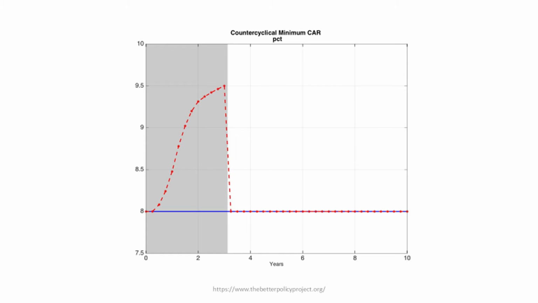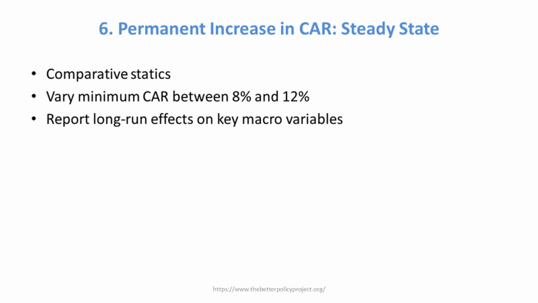We then explored how varying the minimum capital adequacy ratio influences long-term economic outcomes. Raising the ratio from 8% to 12% resulted in significant changes, such as reduced loan-to-value ratios, higher lending spreads, and lower real bank loans. This, in turn, lowered real GDP and the capital stock.